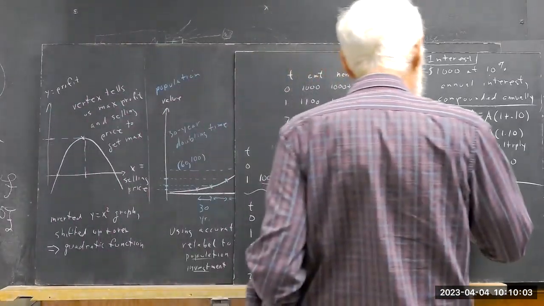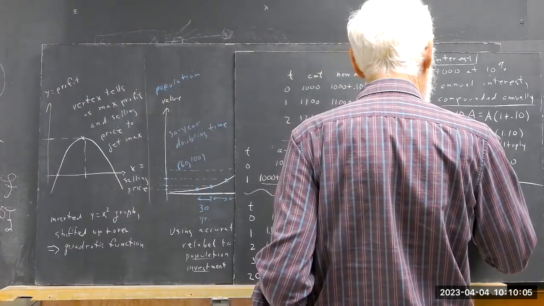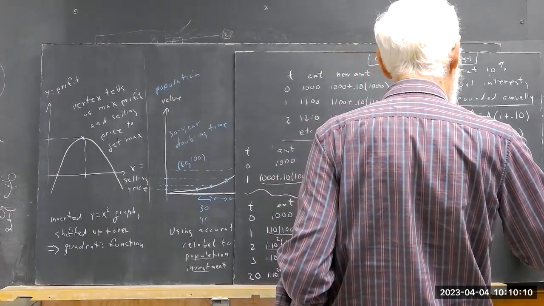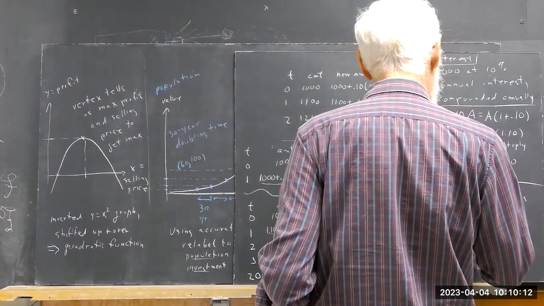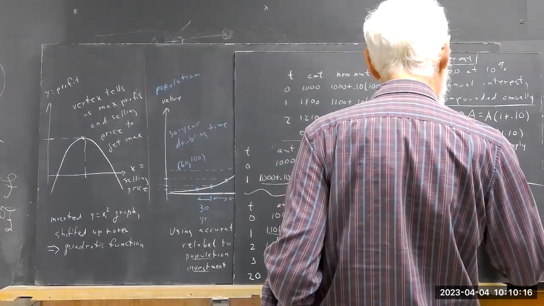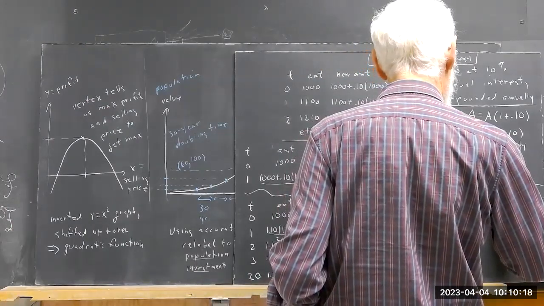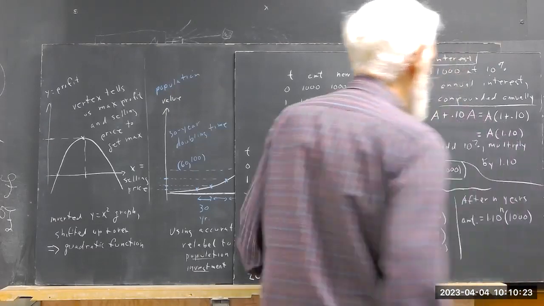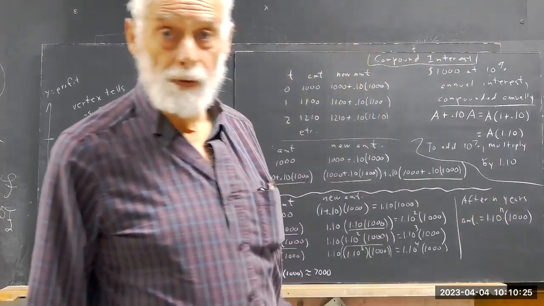What is it after n years? The amount is 1.10 to the n times 1,000.